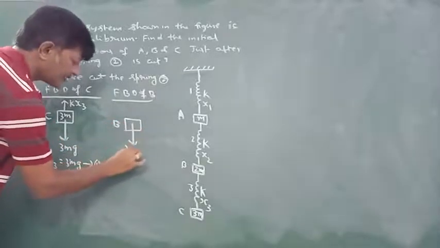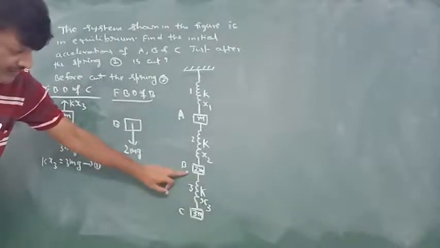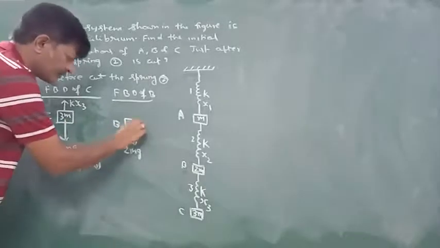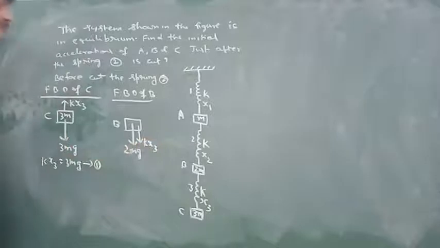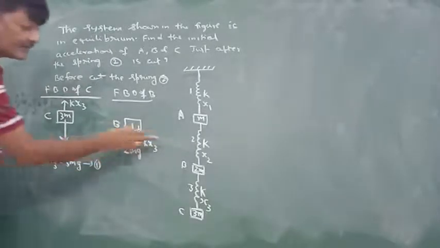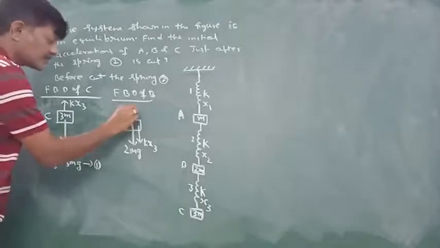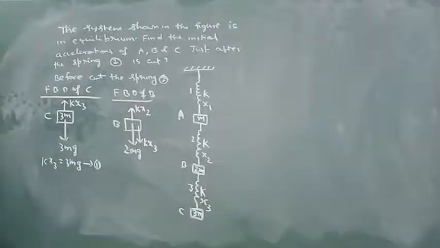Next, FBD of B. The downward gravitational force is 2mg, and B is pulled by the third spring in the downward direction with spring force Kx3, and the second spring pulls B in the upward direction with Kx2.